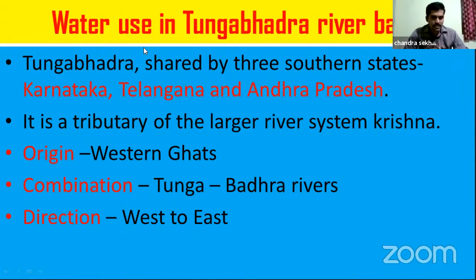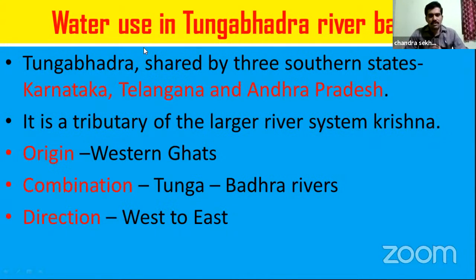The Tungabhadra river is a major tributary of a large peninsular river system, that is the Krishna river system. Okay, the origin of most of the peninsular rivers is in the Western Ghats.